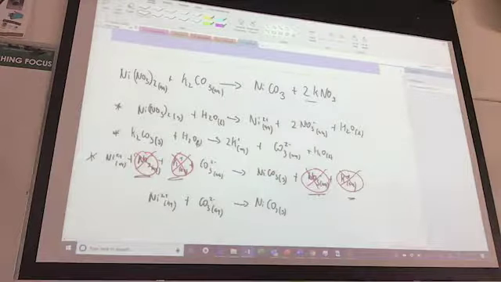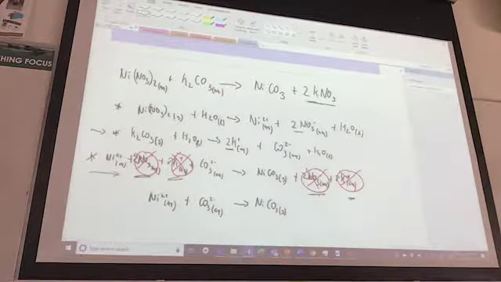Oh, this one here? Yeah, I didn't put that in there because I knew that potassium and nitrate were spectator ions. So if I was writing this one here, I've got my 2 potassium here, and I've got my 2 nitrate here, but when I'm writing my ionic equation, I could put where we had 2 nitrates and 2 potassiums, 2 nitrates, 2 potassiums.